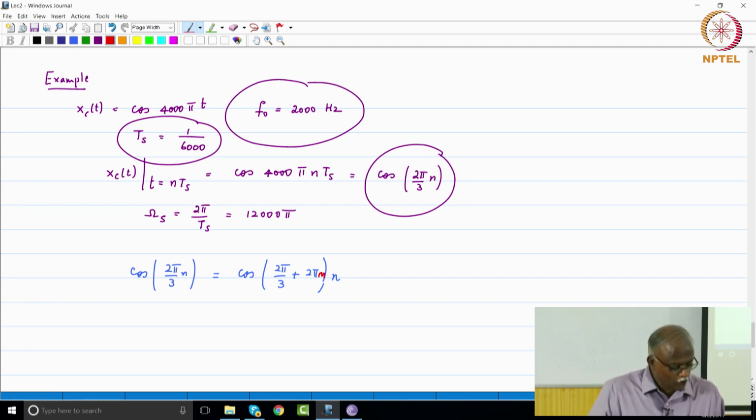So, now what is the relationship between the sampling frequency and the signal? If I were to redo the calculation, this will correspond to a much higher frequency, but will still map to cosine 2 pi by 3 n.